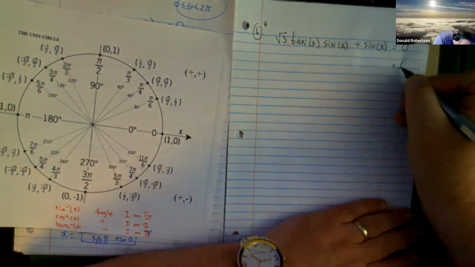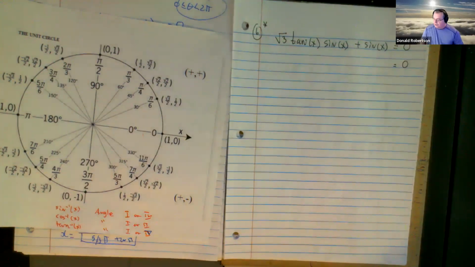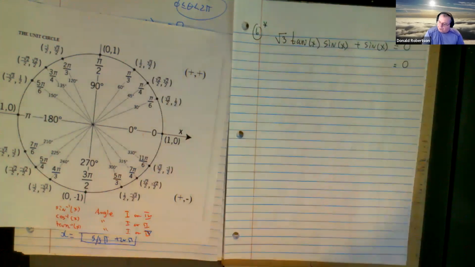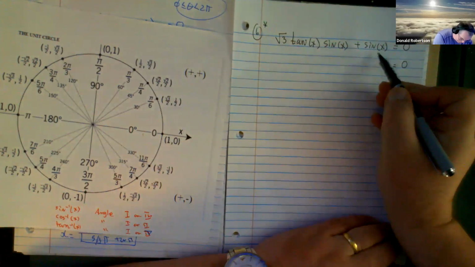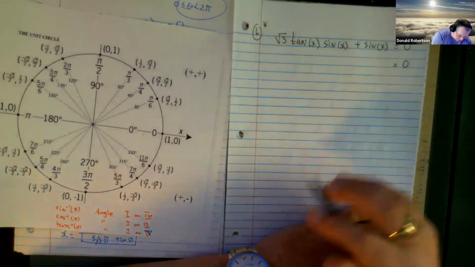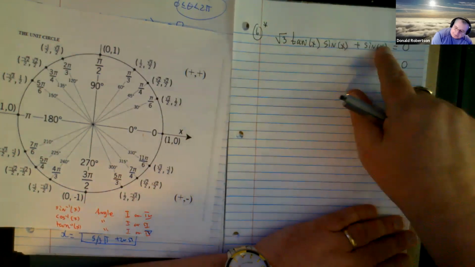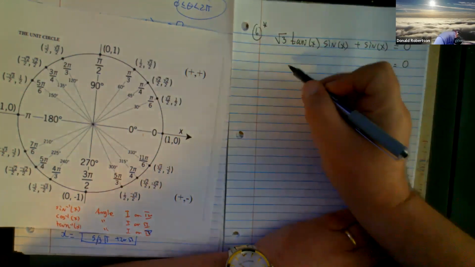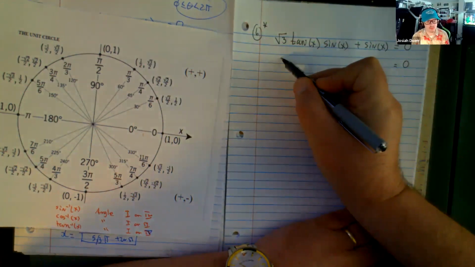So I want you to think about factoring, and in some cases changing, but in this case, factoring. Is there a common factor you can use in this question? Is there a common factor in this term and that term? I think there is. What is it? Say it again. Sine. Yes.